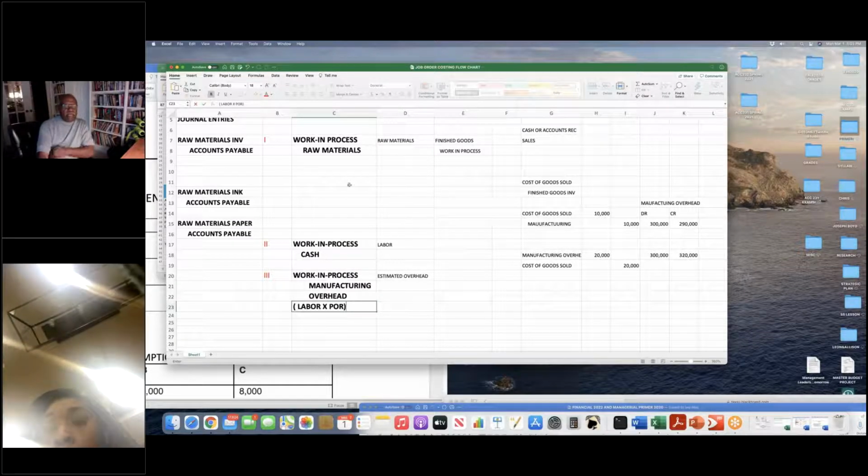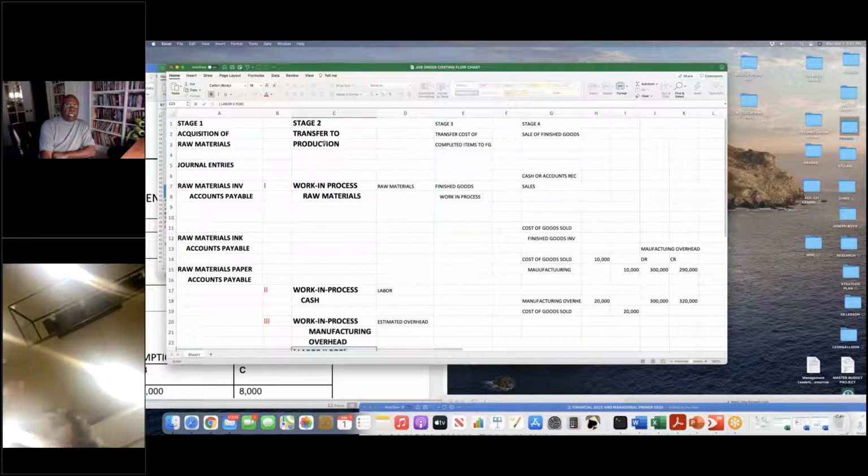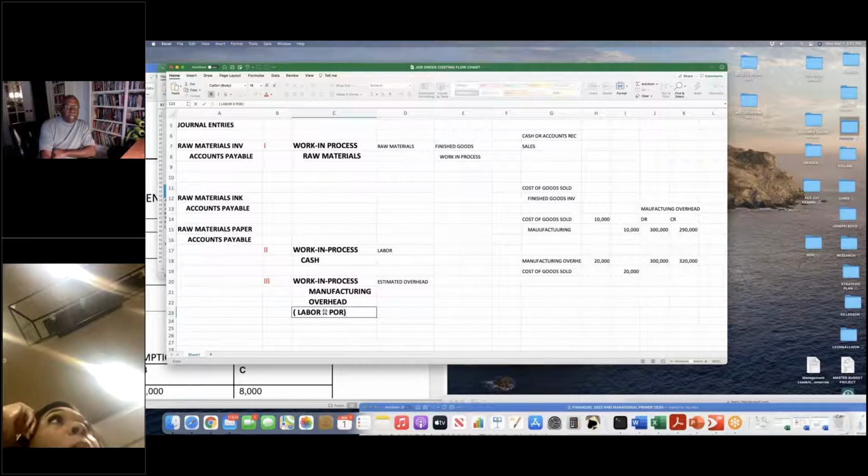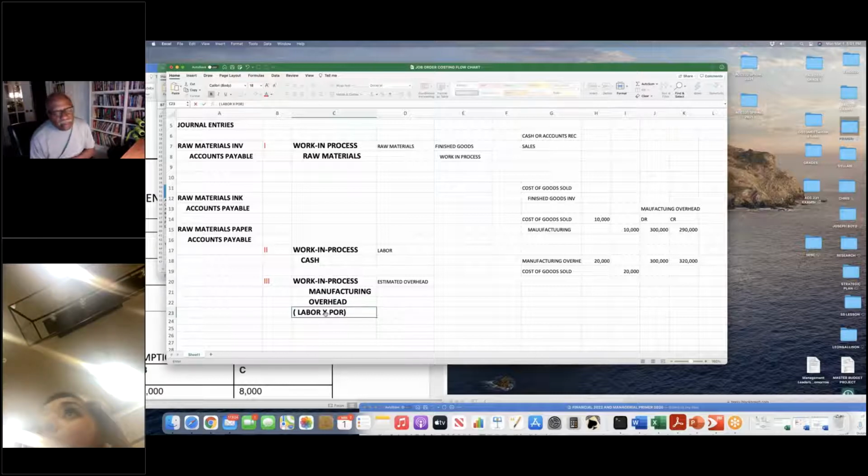So when you make your third type of entry in the work in process stage where you're making the item, in that third entry, I'm just putting the labor hours in here.